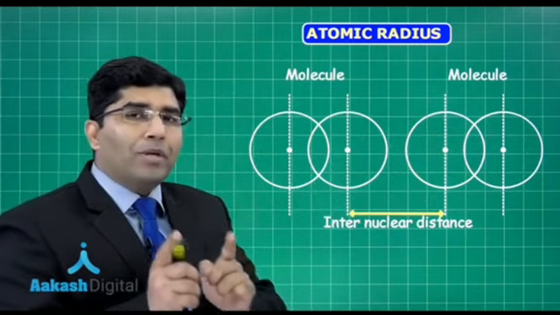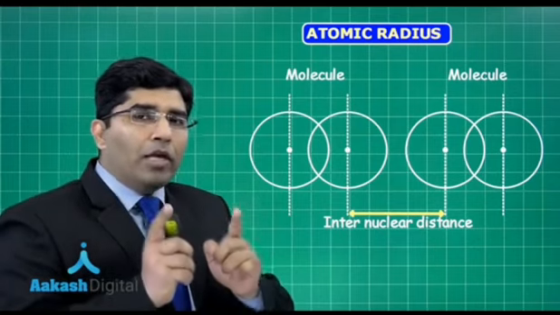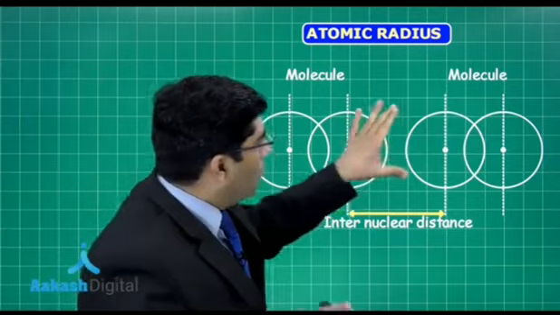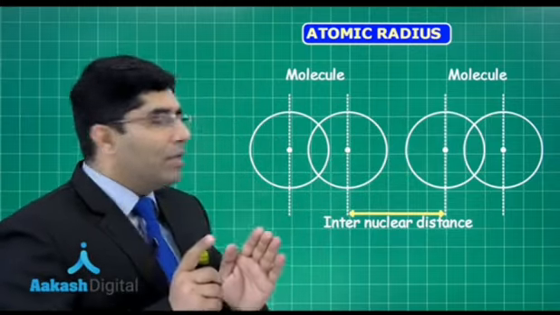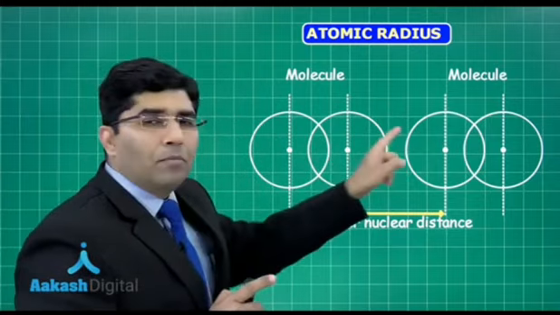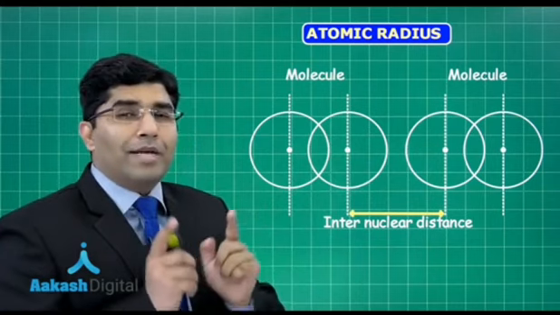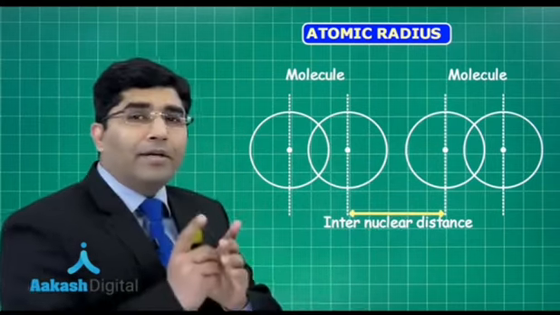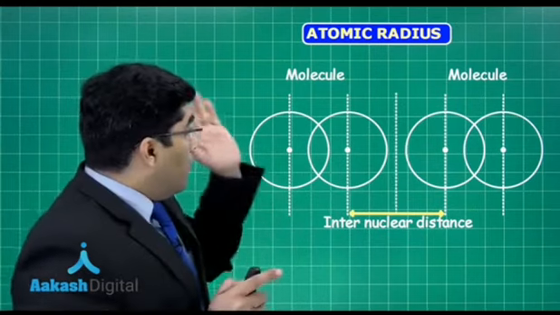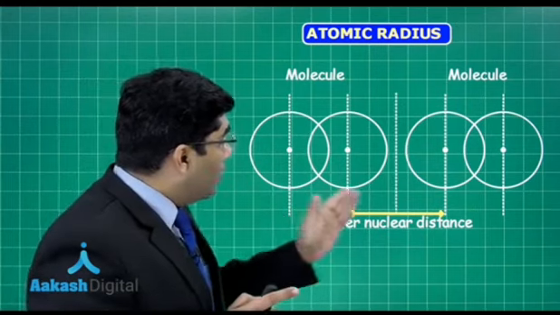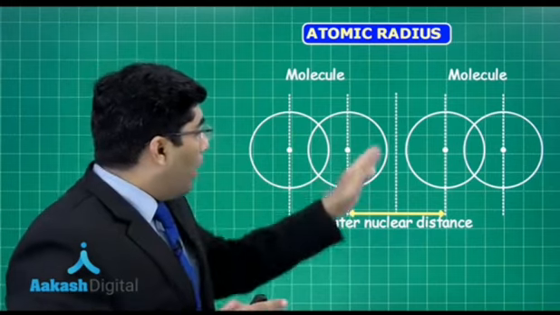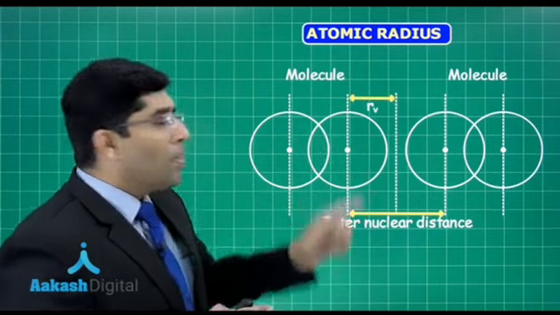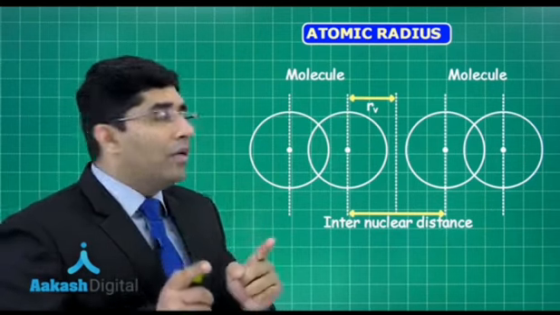So as per the definition, the molecules should be neighboring. This atom and this atom are the closest atoms. So we will find half of this internuclear distance, and to find the half of the internuclear distance we have to draw a bisector. So this is a bisector and this distance is the van der Waals radius.